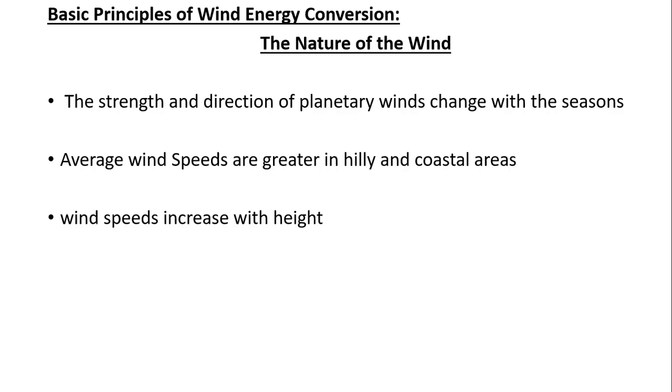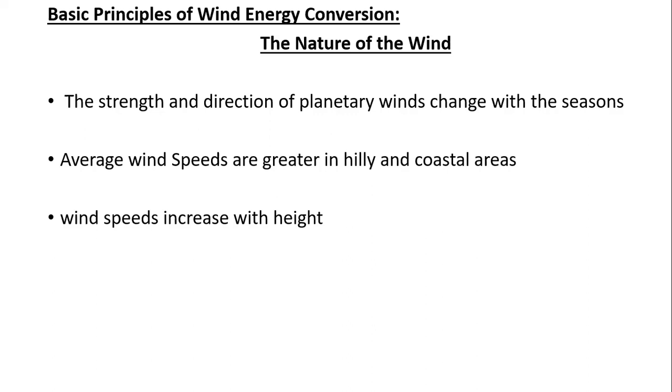So due to this sweeping of cool air to the warm air, in the northern hemisphere we have counterclockwise direction on the earth's surface, and in the southern hemisphere we have clockwise circulation.